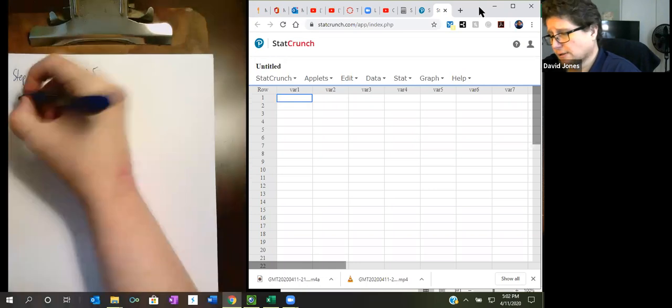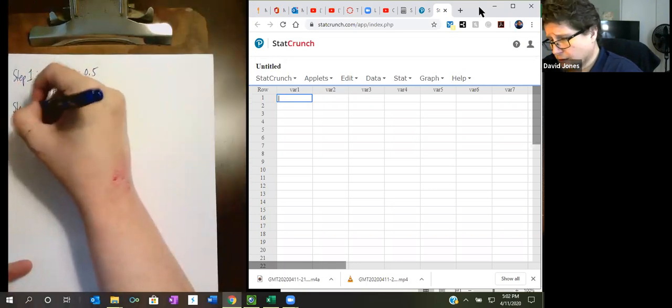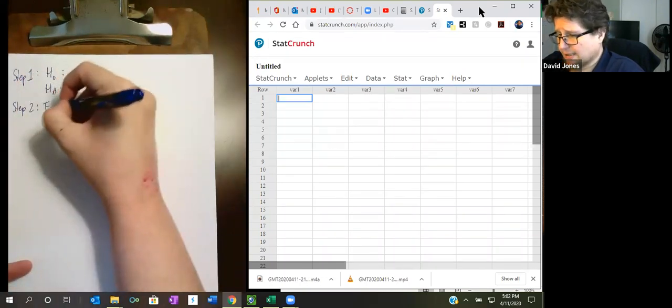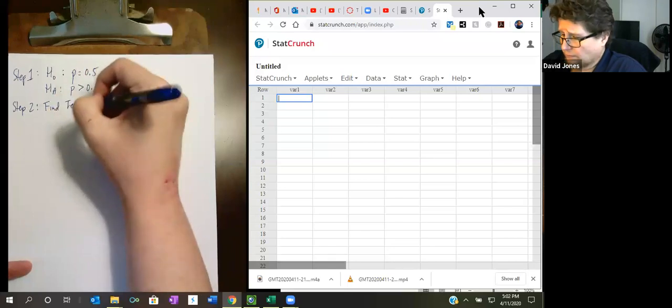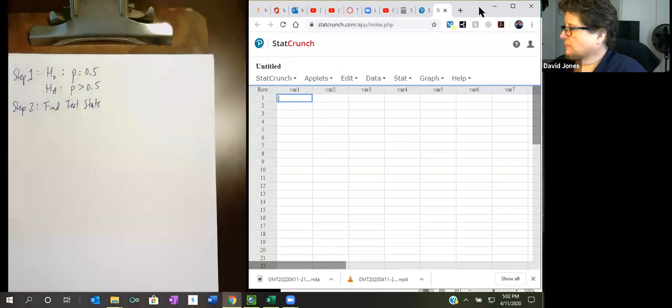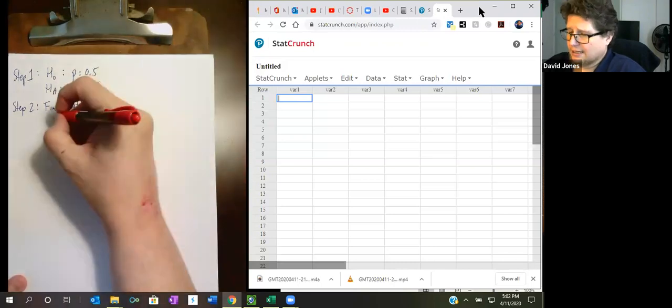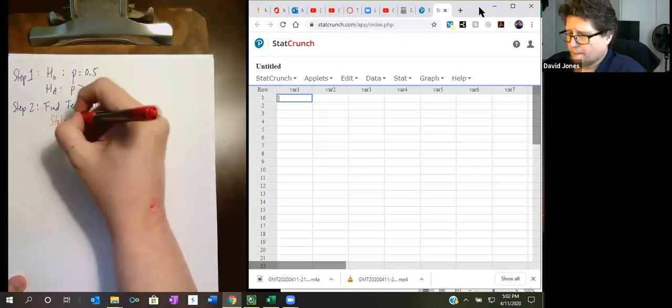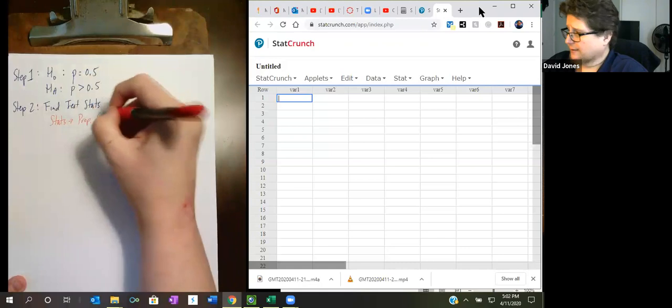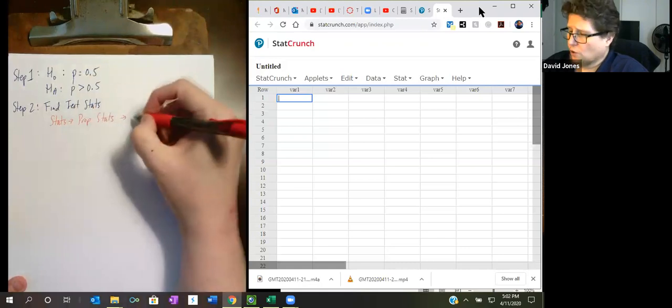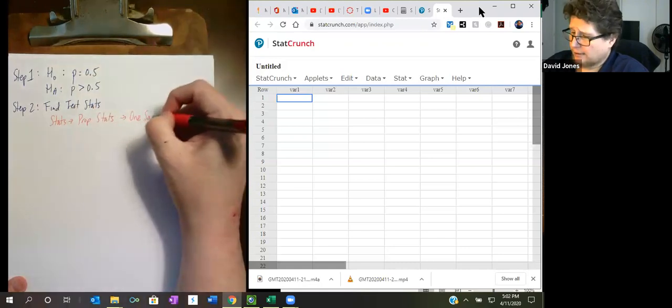Step 2, find the test statistic. The way we do this in StatCrunch: Stats, Proportion Stats, One Sample, With Summary.